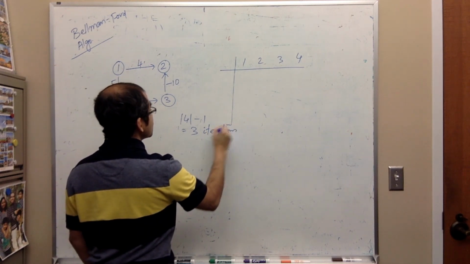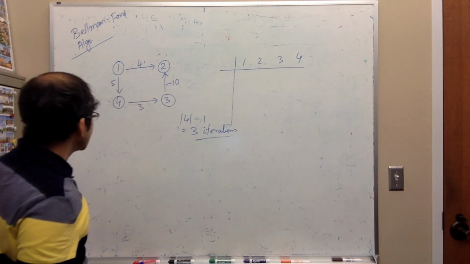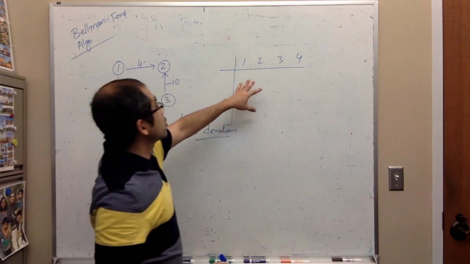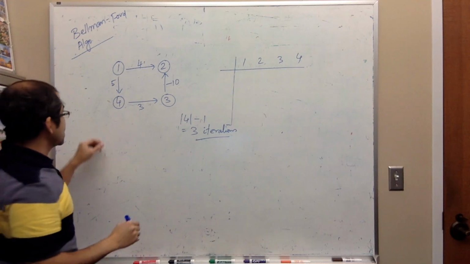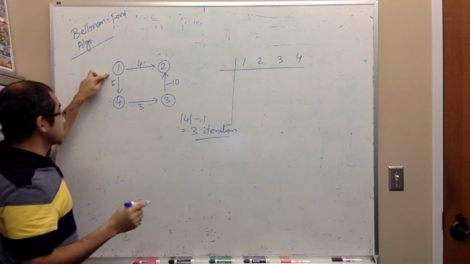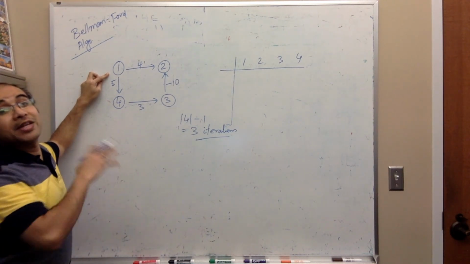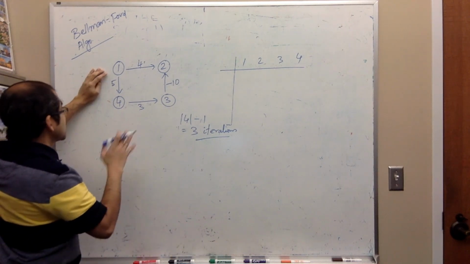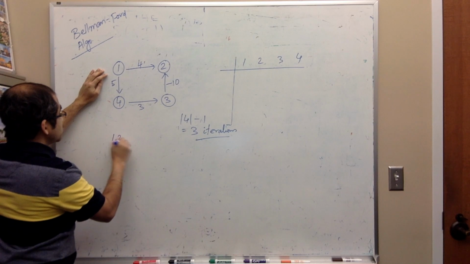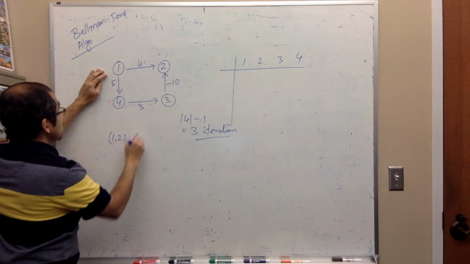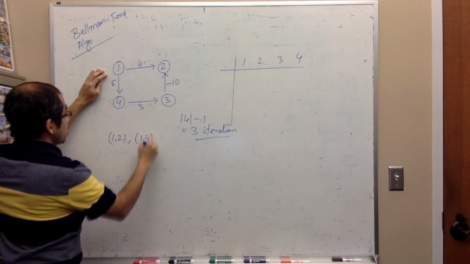And now see about this. I have also drawn the distance estimate matrix, and let's see the edges. We can write in any order, but just for the sake of simplicity, we'll write in that order: 1 to 2, this is 1, 1 to 4.